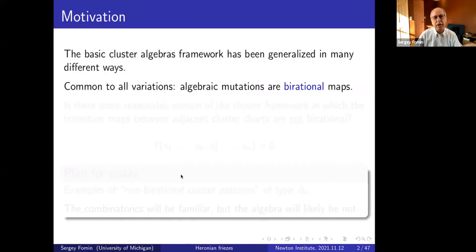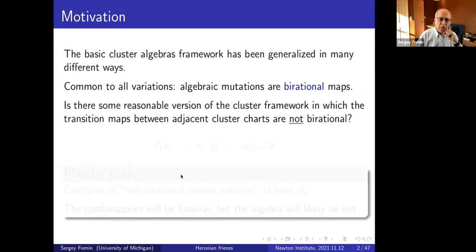So we can go forward and backwards just using some rational function formulas between two adjacent cluster charts. So the question I'm going to ask today is: is there some reasonable version of this framework in which we don't have birationality? What do I mean by this?